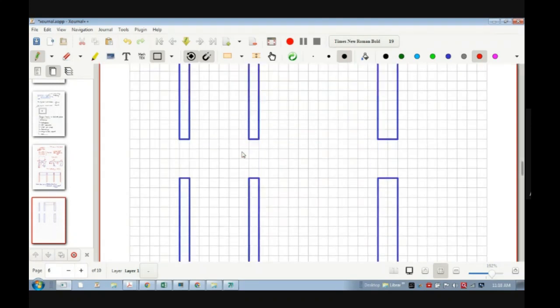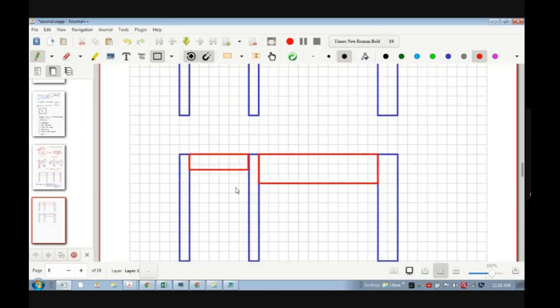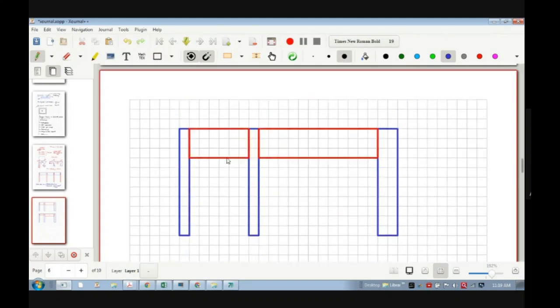In other case, I am saying that as this span is more, I will keep this beam depth more, and as this span is less, I will keep this beam depth less, because I don't require, the span is very less. So there are two choices for anybody. There is no problem. As this span is 3.8, I will take 375, and this span is 6 meters, I will take 600. तो अभी ये मेरा 600 है, this is 375 deep, and here both are 600.